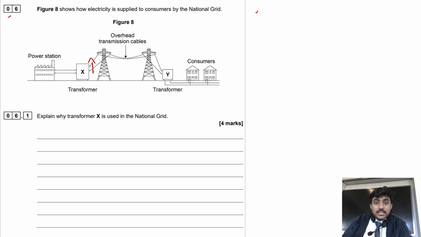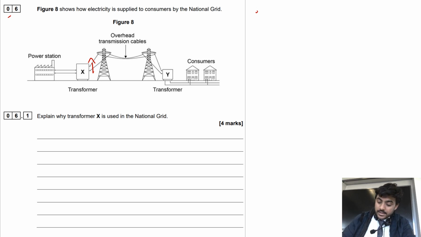And the current needs to be low in the wires to avoid the wires heating up and transferring energy to the surroundings. If it transfers lots of energy to the surroundings, the efficiency would be low. So the step-up transformer improves the efficiency.